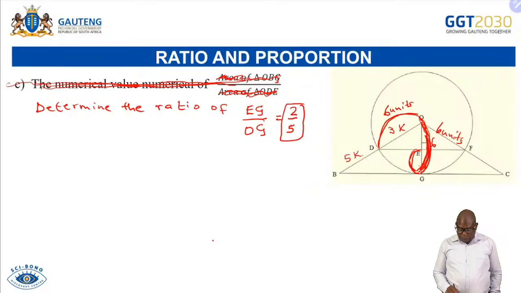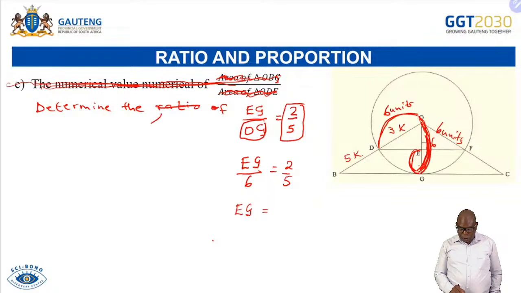Right? And remember the length of OG there. The length of OG will be equal to 6, and that will be 2 over 5. We needed the length of EG there. Determine the length of EG. Right.